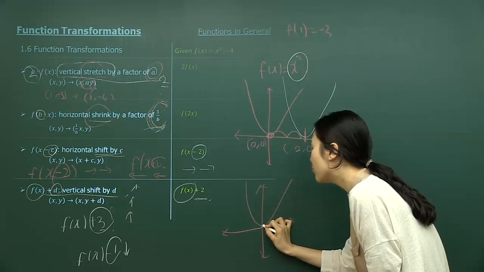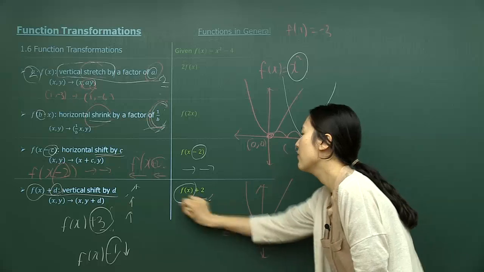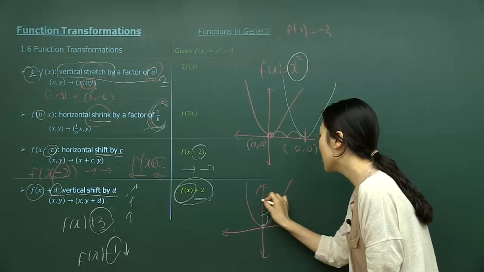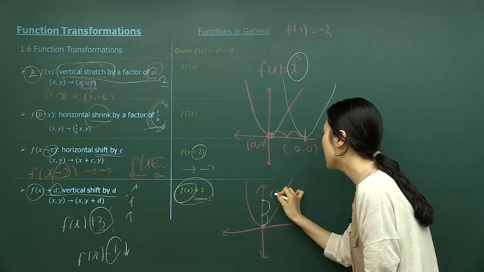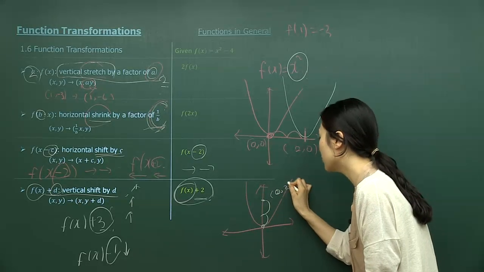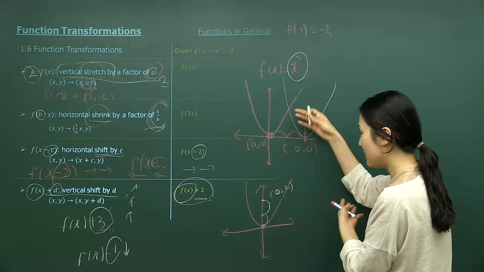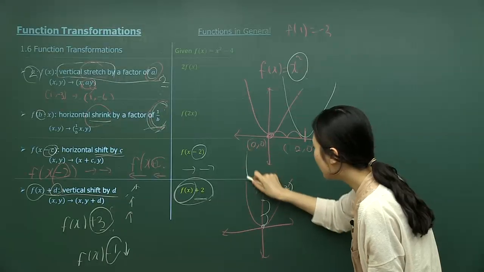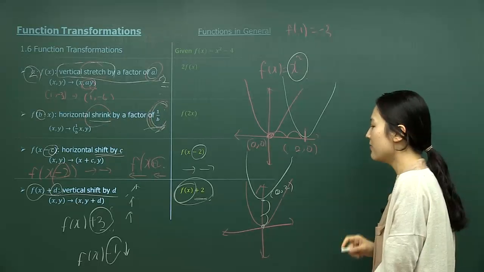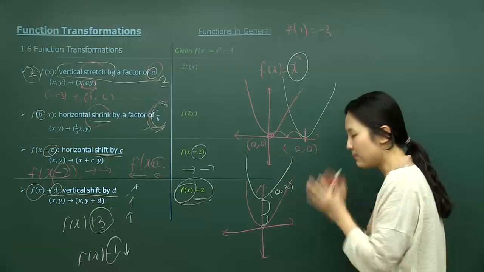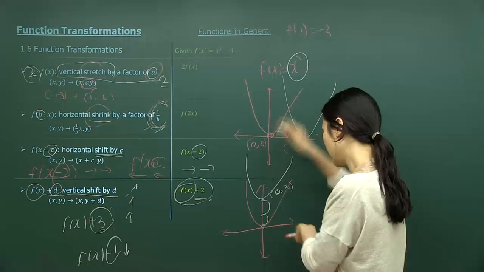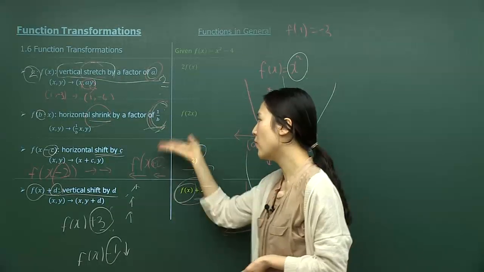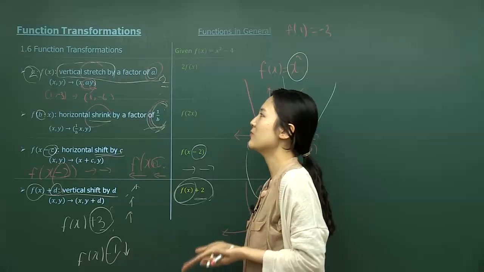And so if you just remark your vertex for this graph, since you have to go up by 2 units, your vertex will now be at 0, 2, right? And again, like before, there was no stretch or shrink. Hence, you still have the same looking graph, just moved by 2 units above the x-axis. That's all.